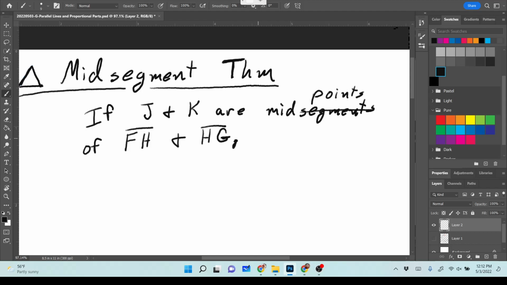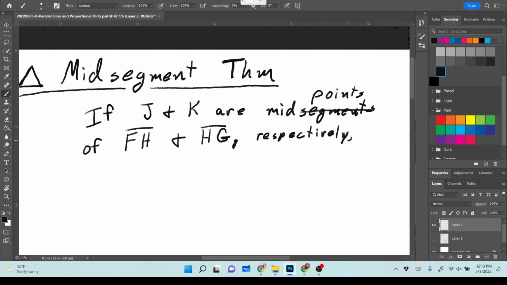HG, respectively. Does it actually say that in the book? Yeah, so in English you want to do that. So like J is the midpoint of FH and K is the midpoint of HG. That's what that means. It means you match the first in order to the second in order when you see that. Not respectfully, that's a different word, but respectively.